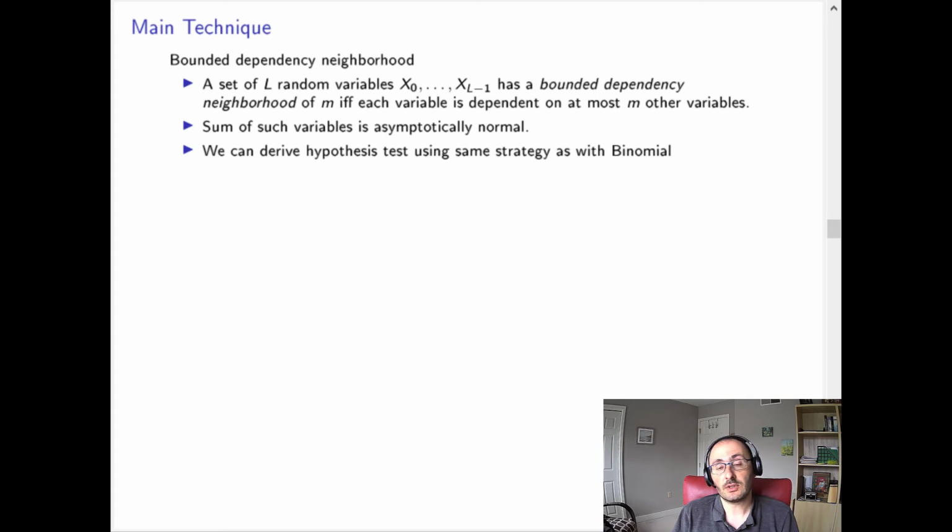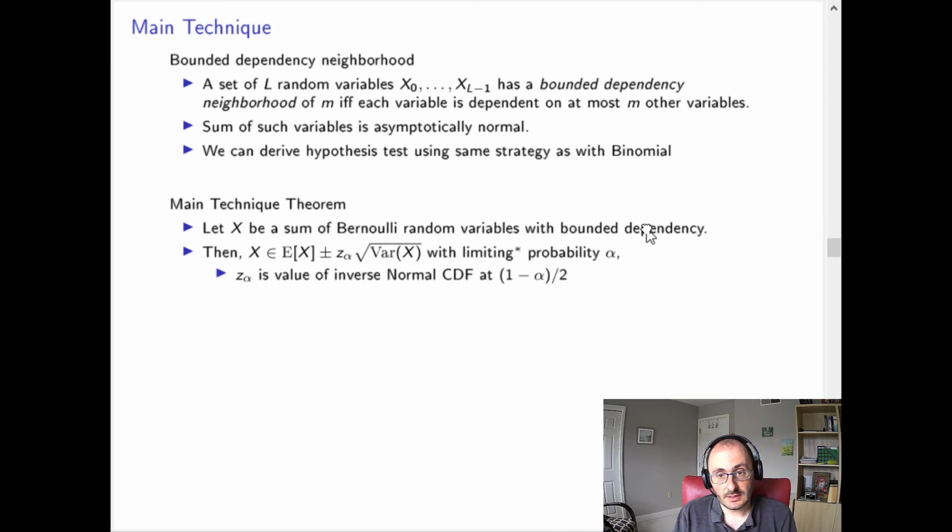However, we do have something that's called a bounded dependency neighborhood, which means that the random variables are dependent, but each one is dependent on some bounded number of other variables. And what's known in the literature is that the sum of such variables is asymptotically normal. And knowing that, we can then derive a hypothesis test and confidence intervals using the same strategy as we would with a binomial.